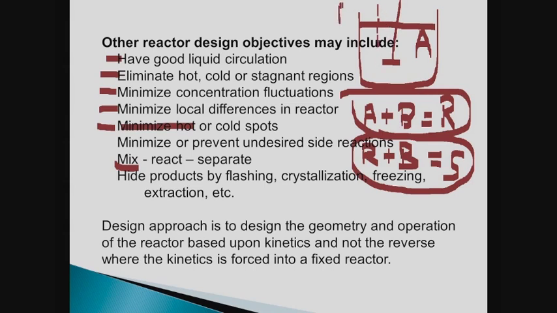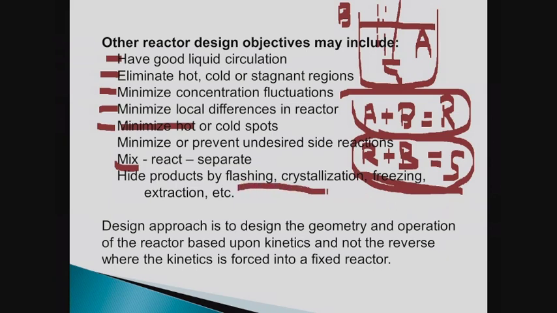Little drops of B. So when B reacts with A to form R, there isn't any more B around to react to form S. What you probably want to do is not only feed B, but feed B right into the vortices of the impeller, because that way it's a very high shear zone, and as a result, it would perhaps prevent this second reaction from taking place. That's one way of doing it.